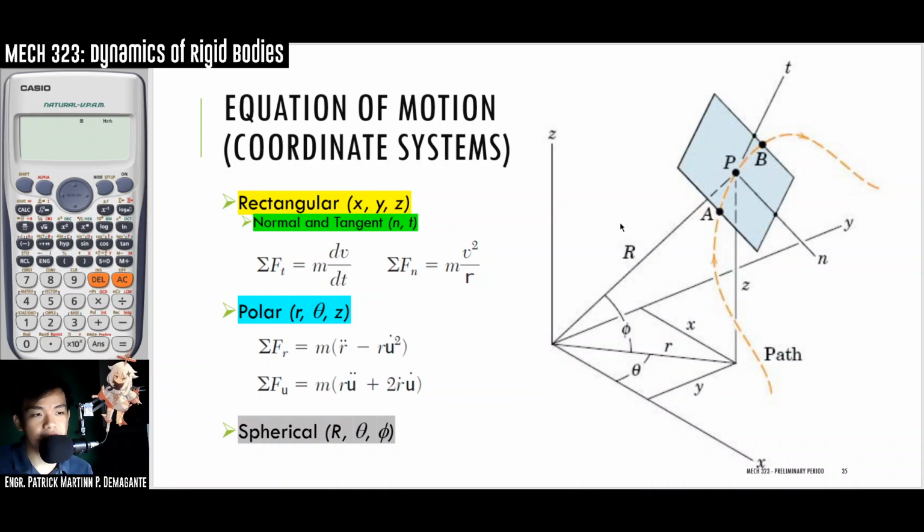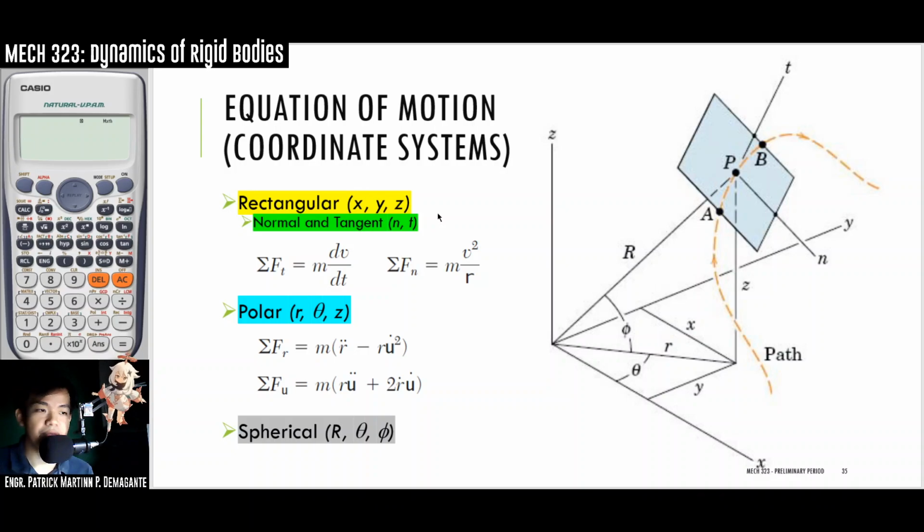Okay, and then yung ating normal and tangent naman. So, NT coordinates. So, we have here the formula for FT. Yung T is the tangent. So, this is mass times the derivative of v over dt. So, this is acceleration, so tangential.